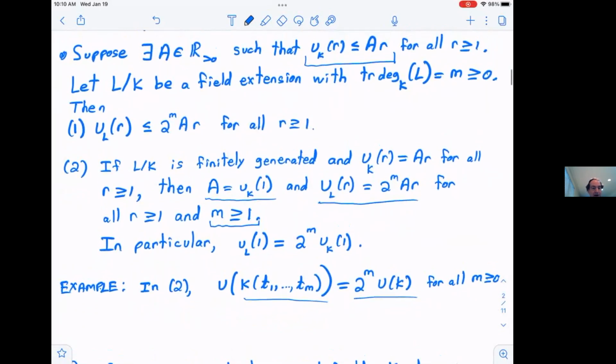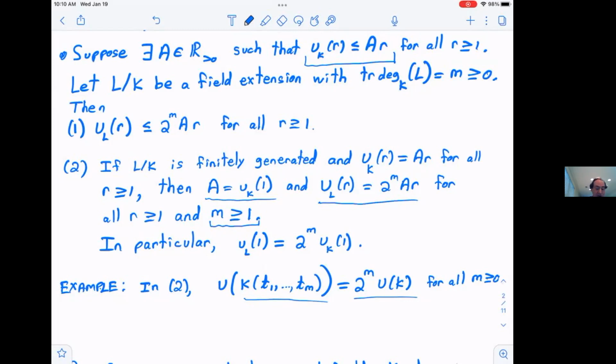Now, this is great. Suddenly we know everything about solving systems of quadratic forms. At least we know about the existence of solutions. All that matters, and this is the hard part, is the hypothesis. So what we need to know is which fields satisfy this hypothesis, that U sub k of R, the U invariant for systems of quadratic forms, grows linearly in R. For which non-real fields is that true?